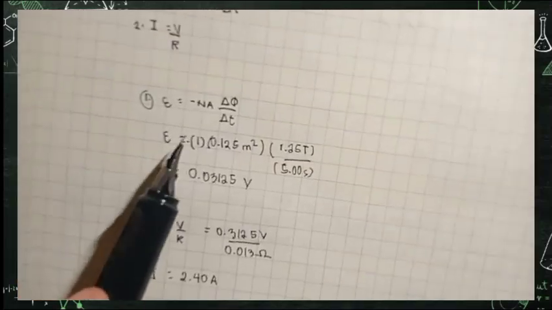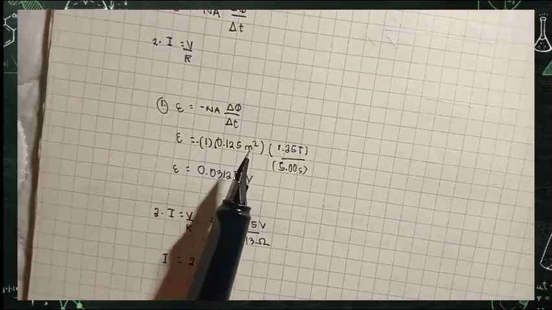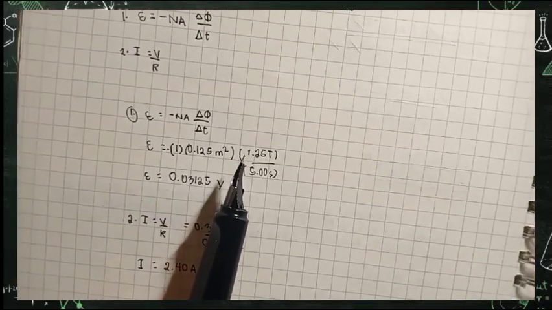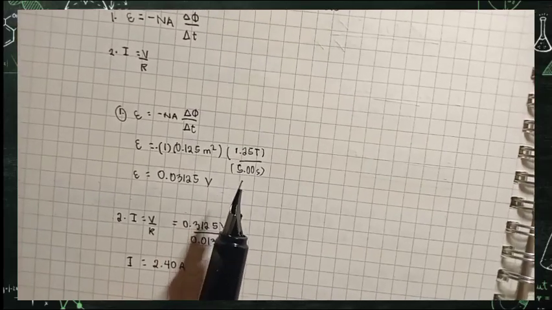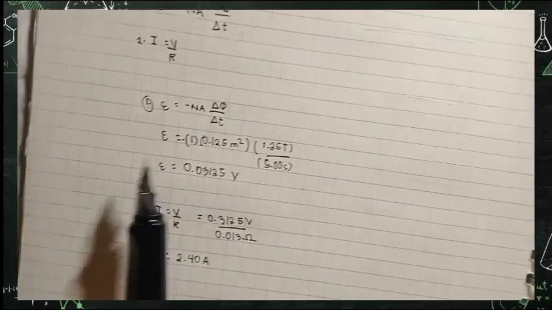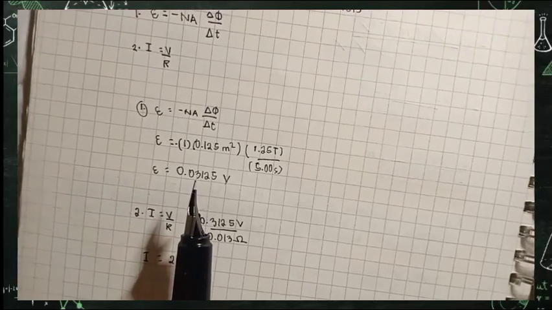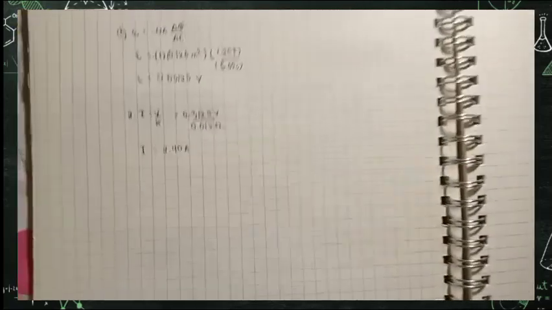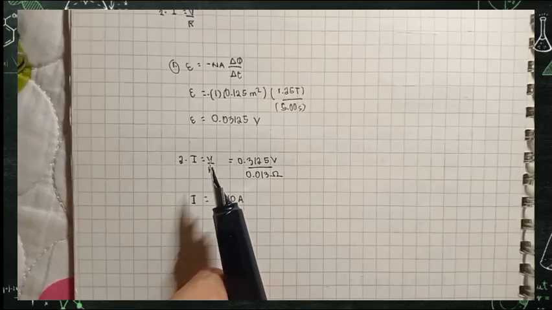So our n is 1, our area is 0.125 square meter, times our change in magnetic field, which is 1.25 T, divided by our change in time, which is 5 seconds. So we have the result of 0.125 volts.